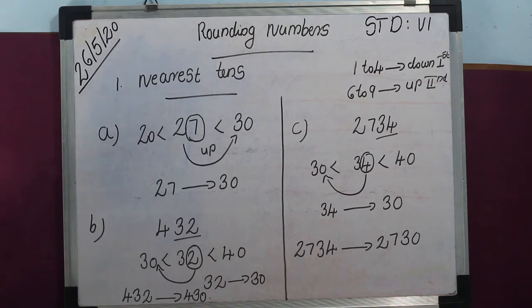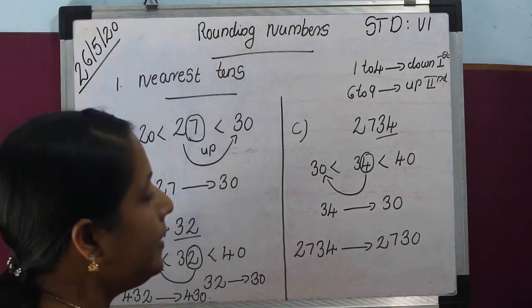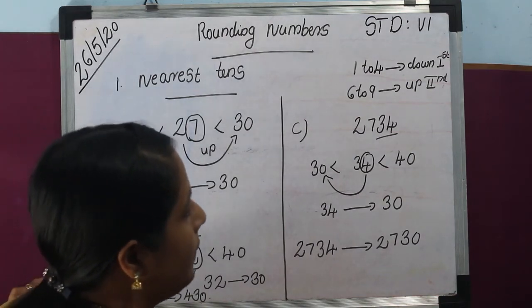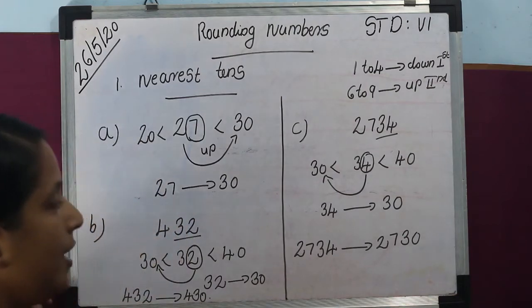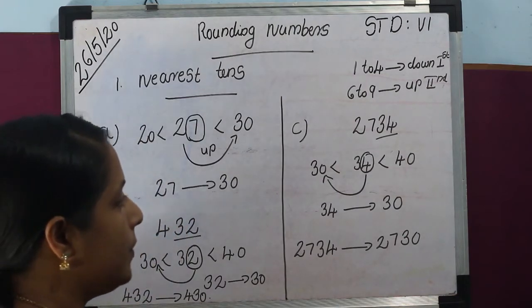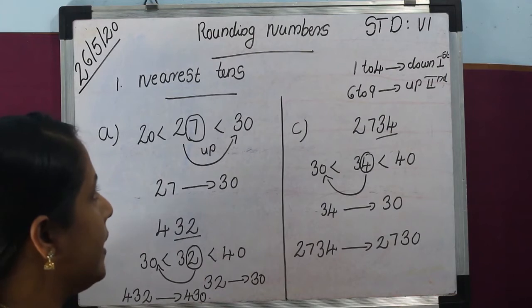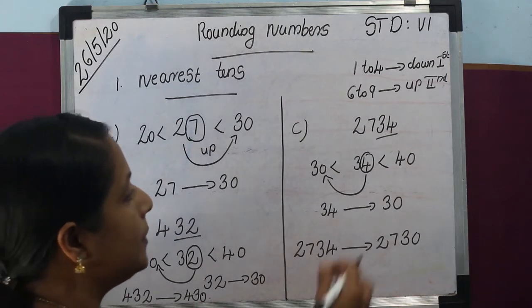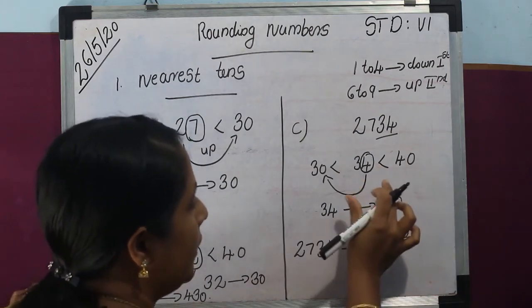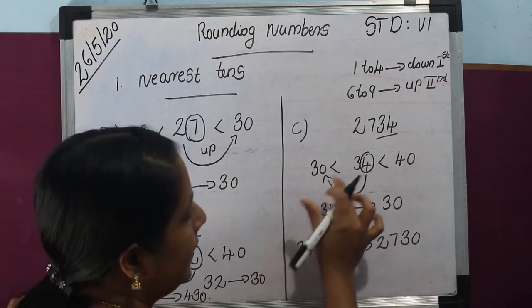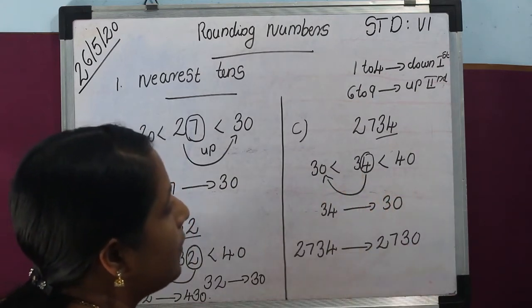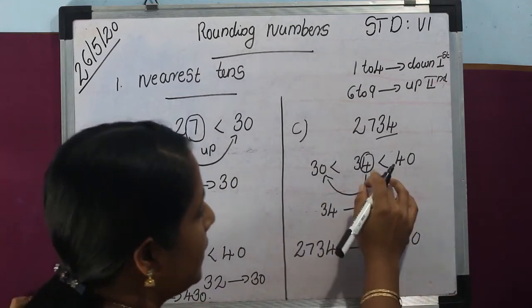Then next is 2734. Here we want the number 34 only. Actually this number has a thousands place. We consider the case of nearest 10. So we take the number 34 only. We know that 34 lies between 30 and 40. Then we take the ones place value. The ones place value is 4.